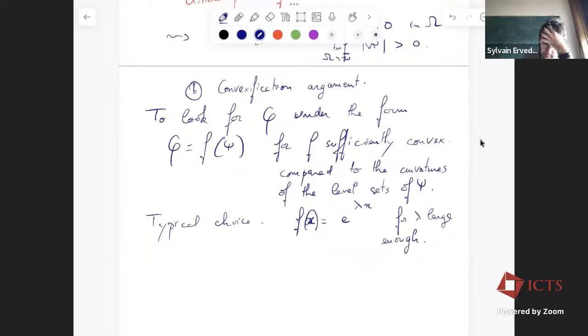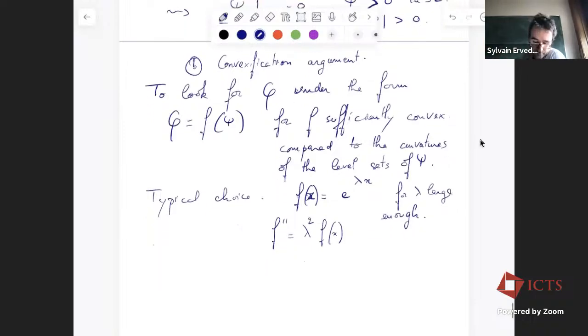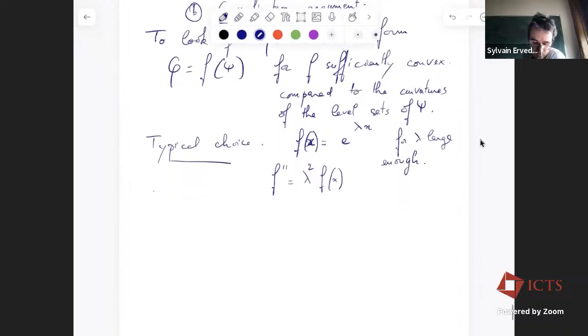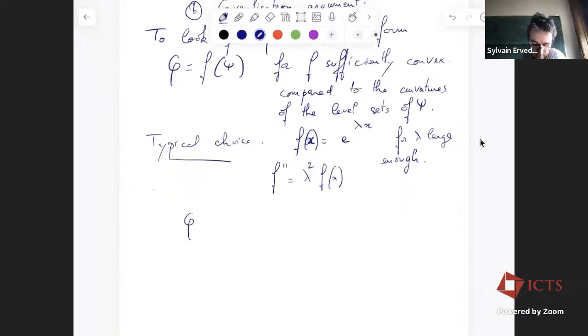Of course, f second is lambda square times f of x. So it's very convenient because you can compare the second order derivatives and so on, and each time you get powers of lambda. So when you do the computation, you will have phi equal to exponential lambda psi. The gradient of phi is lambda gradient of psi times phi.